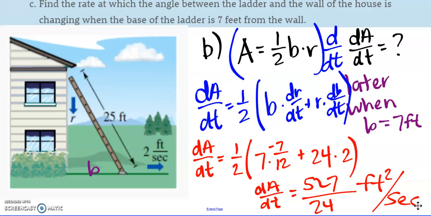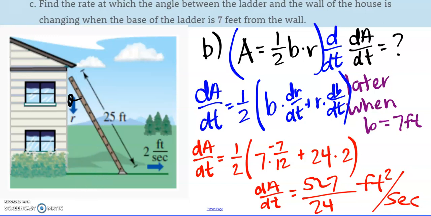If you are stuck on part C, part C is going to be a lot like the lighthouse problem that we did. I'm just going to get it set up for you, and then you'll use trigonometry. If you haven't watched the video about the lighthouse, you might want to look back. Mr. Lakin made one. If you were in my class, you saw me do that problem live, so you could look back at your notes. It says, find the rate at which the angle between the ladder and the wall of the house is changing when the base of the ladder is 7 feet away. That should be my later moment.